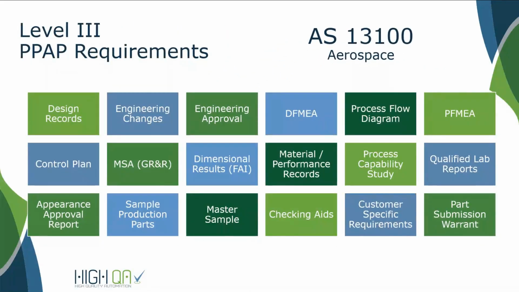There are 5 levels of submission packages, simply referred to by the level of submission: level 1, level 2, level 3, and so on. The most common PPAP submission package is a level 3 submission. That's usually the initial package that's submitted. A level 3 PPAP contains 16 of the 18 elements, with only the master sample and the checking aids not included. The AS13100 standard incorporates these PPAP requirements.